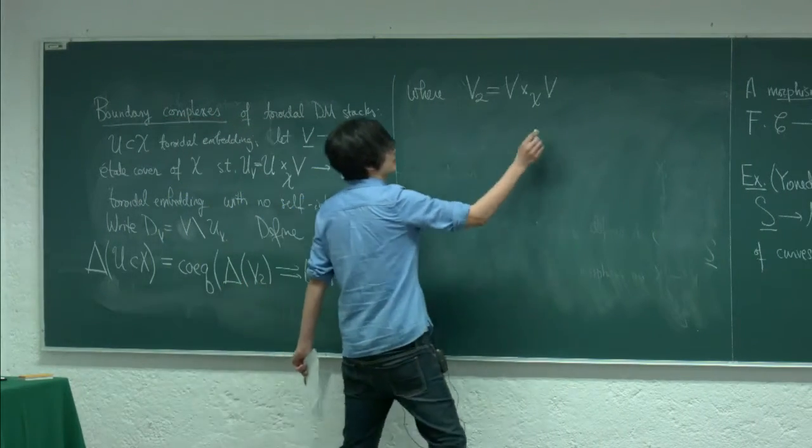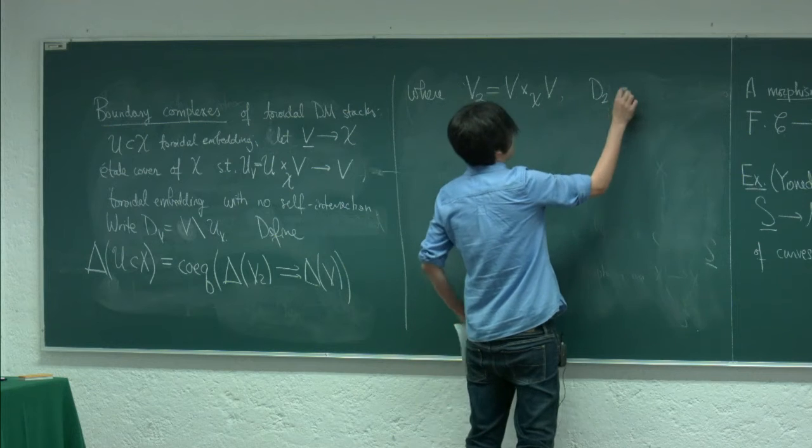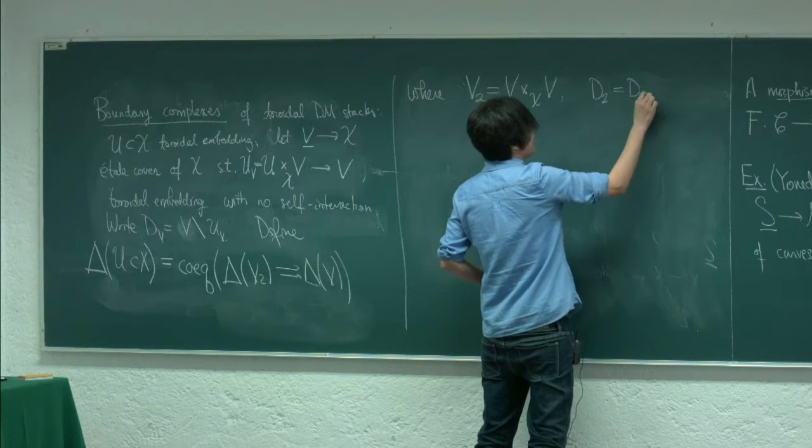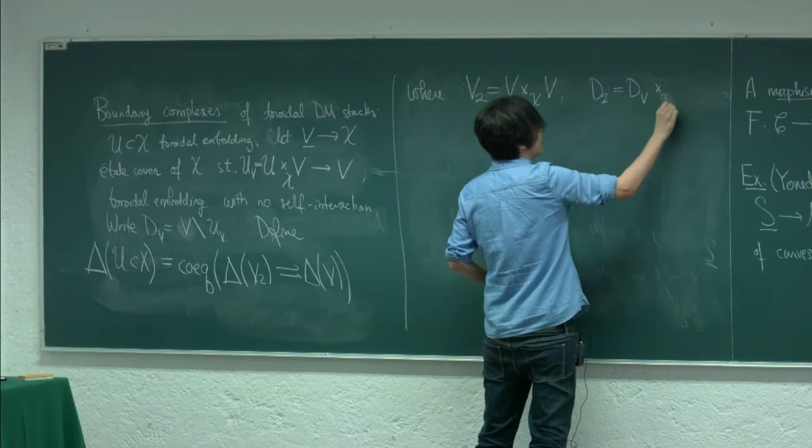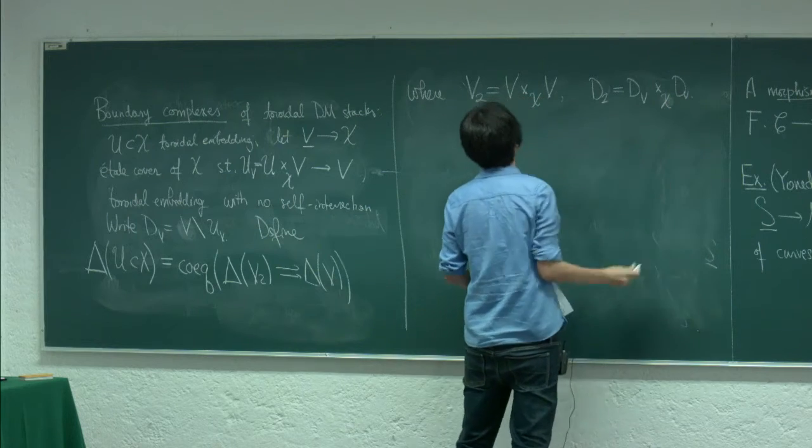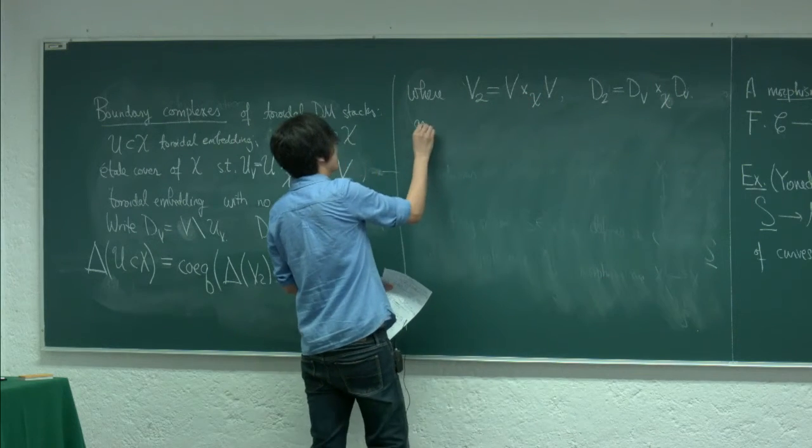So this is just a scheme, and we have a divisor, D2, which is D_V cross D_V over X. This is as before.